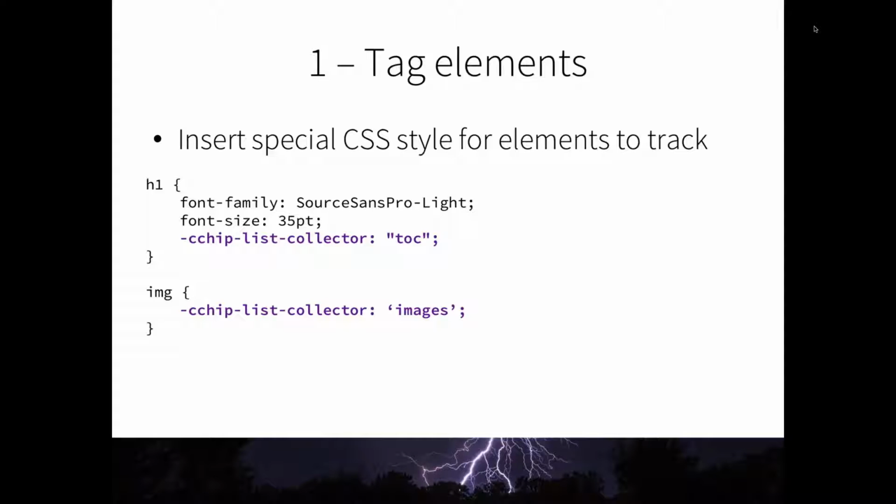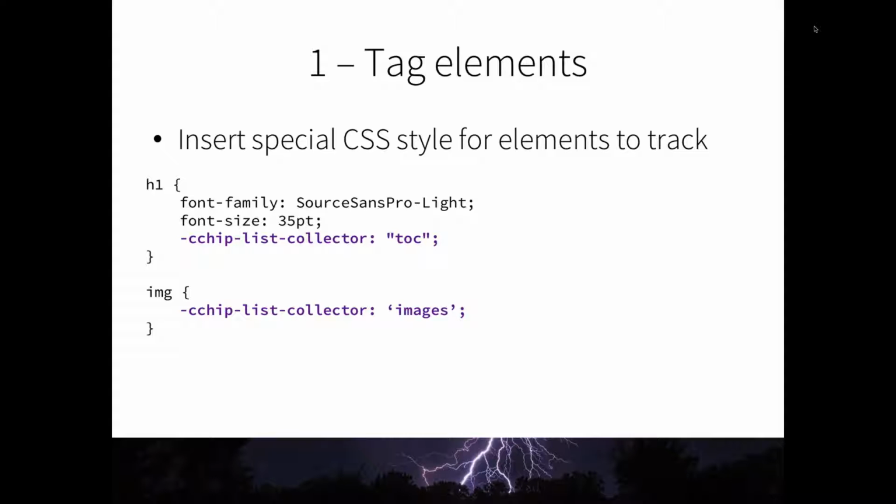The first one is, if you want to collect information, if you want to make a list of something, you need to tell pdfChip what elements you want to gather information about. And the way you do that in pdfChip 1.1 is by, first of all, tagging elements with a CSS rule. You can see that there are 2 examples.